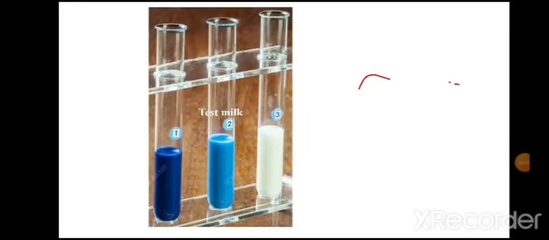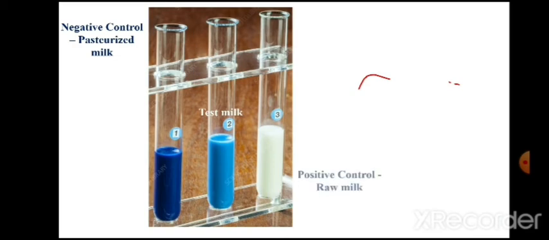Now, how do we read the results? So these are the three tubes. Tube number 1 contains pasteurized milk plus methylene blue. Tube number 2 contains milk sample with methylene blue. Tube number 3 contains raw milk plus methylene blue.